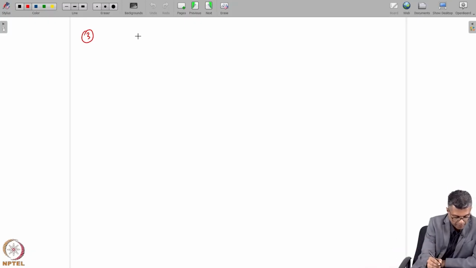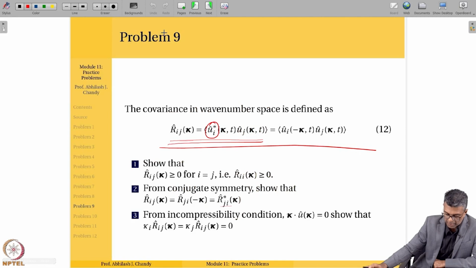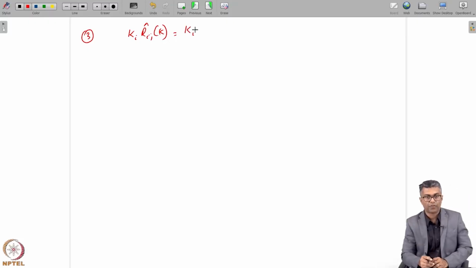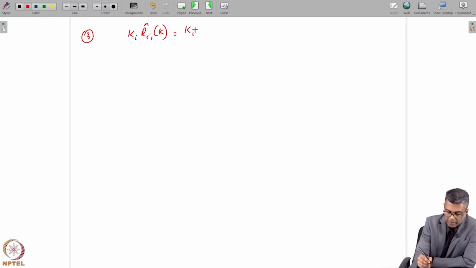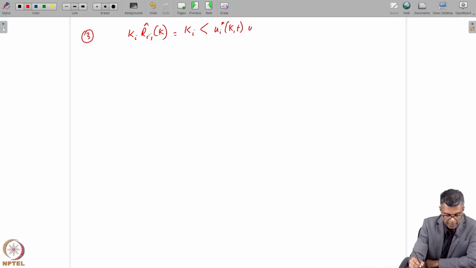Now kappa i Rij hat of kappa. This is what I have to show, right? Kappa i Rij hat of kappa is going to be equal to, I can just use the definition of Rij of kappa. So kappa i, covariance open, Ui star of kappa comma t, and then Uj hat of kappa comma t.